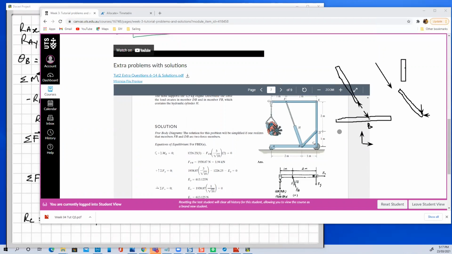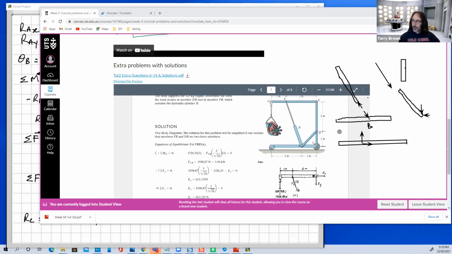But let's say hypothetically, if BD wasn't a 2-force member as well, is there a situation where you can't really have 3 that are equal and opposite? It becomes a difficult problem, but you still have to follow this same process. If BD was also not a 2-force member, then you'd have to do the same thing.